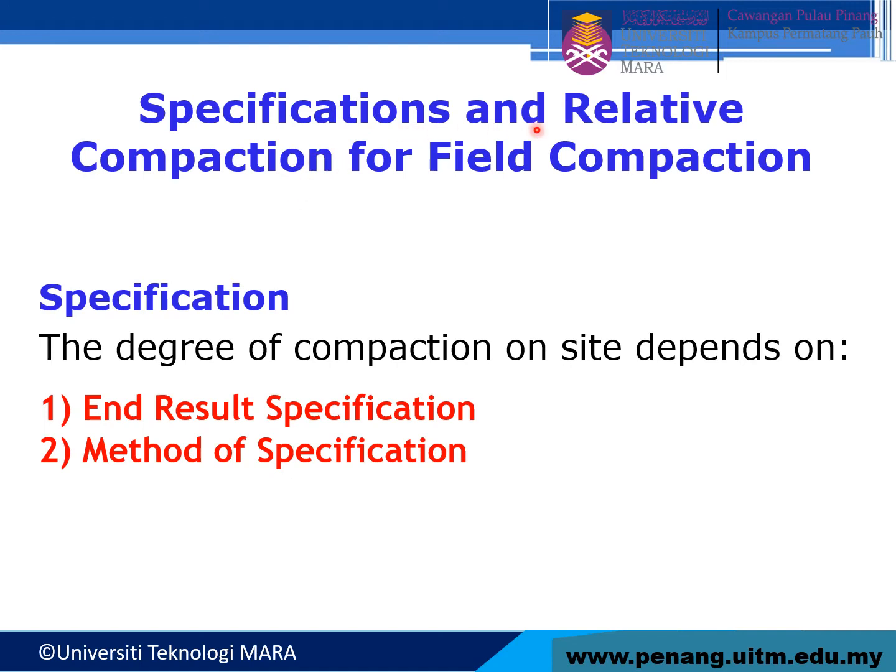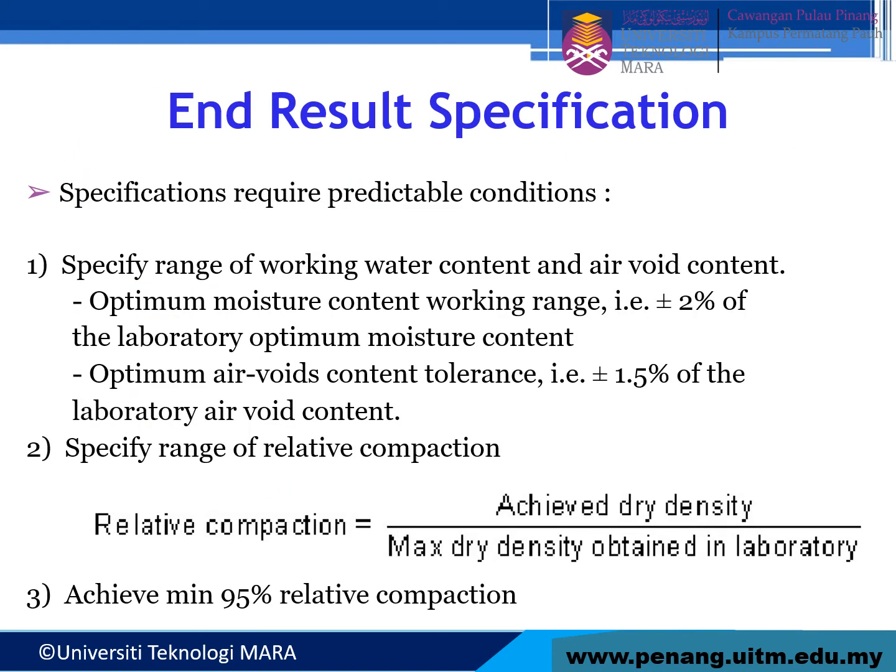Alright, specification and relative compaction for field compaction. For specification, the degree of compaction on site depends on, first, the end result specification, and number 2, the method specification. First, what does the end result specification mean? The specification requires predictable conditions.